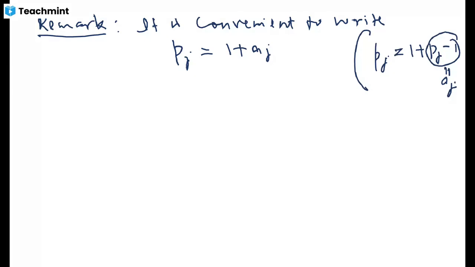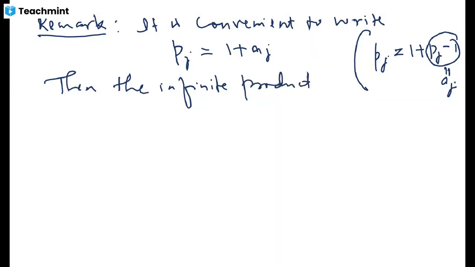And if I write each pj as 1 plus aj, then the infinite product can be expressed as the product over j from 1 to infinity of (1 plus aj).